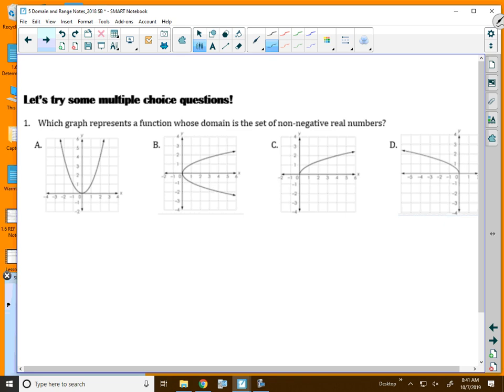A lot of times on the OST you'll see multiple choice versions of domain and range questions. So let's take a look at this. Which graph represents a function whose domain is the set of non-negative real numbers? What does non-negative mean? Positive. So let's just replace that.